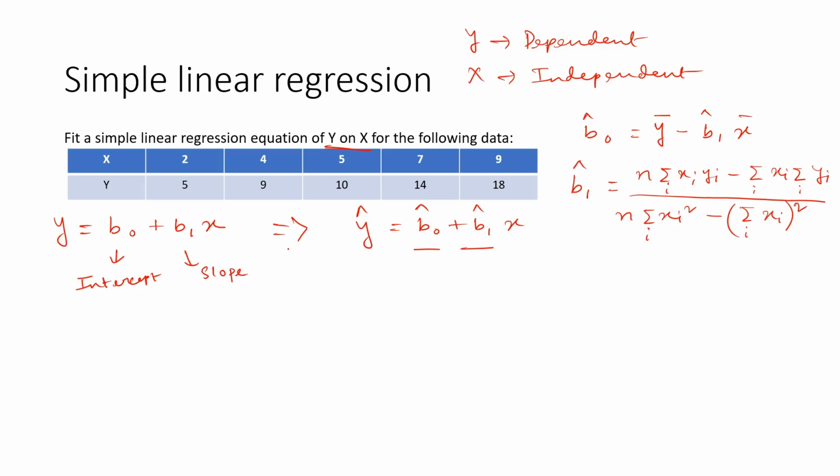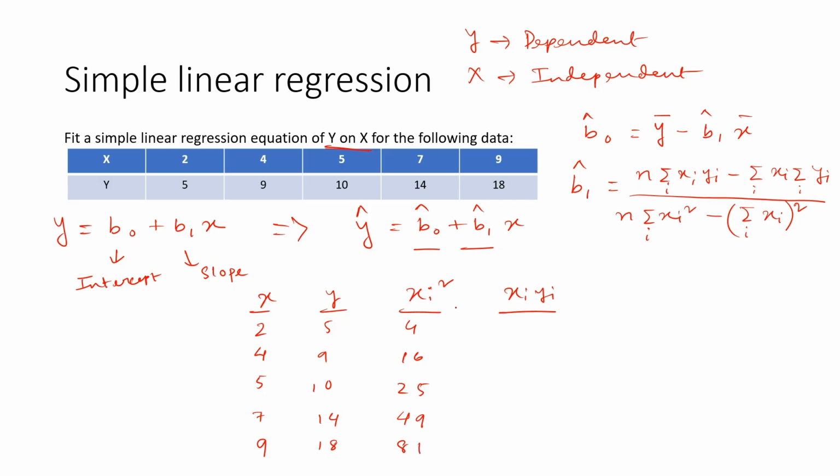For calculating the values of b1 hat and b naught hat, first we need to construct a table. Here we have the values of x and y. Then the required information is xi square and xi into yi. So let us write down the available data: 2, 4, 5, 7, 9 for x and 5, 9, 10, 14, 18 for y. xi square: 2 square is 4, 16, 25, 49, and 81.